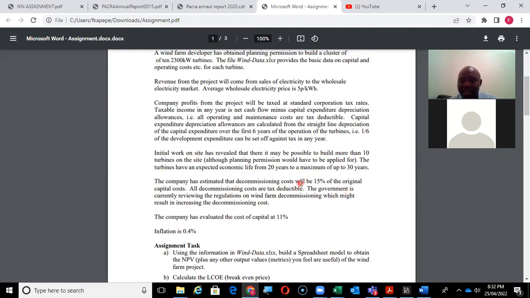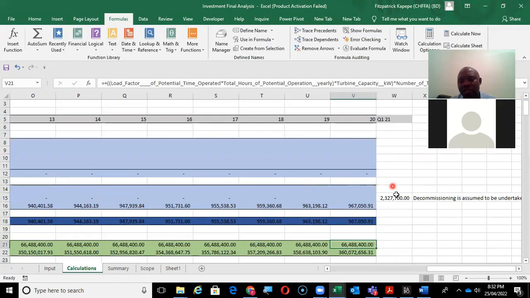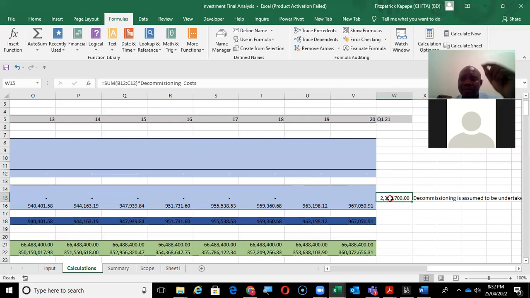That is what you have done, which is okay, right? So what I'm saying is that you can decide, because in terms of the present value of this 2.3, there will be no effect if you bring it in 2020. So if you want, you can just front load it here.